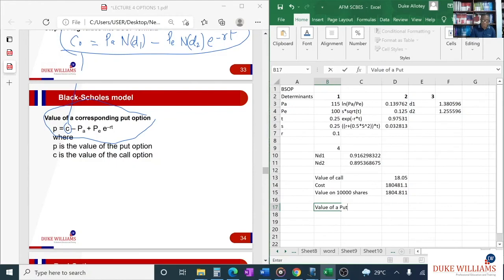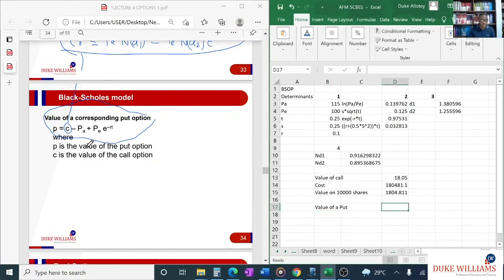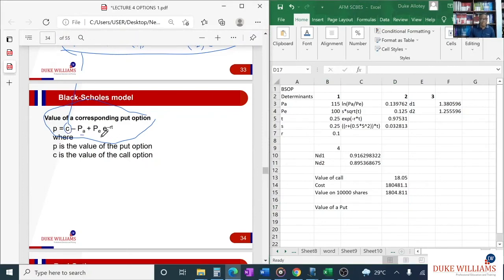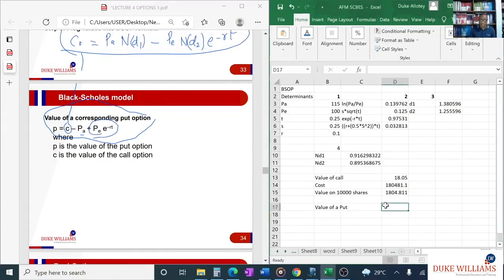So, value of a put option, corresponding value, looking at the formula here, it says you take the value of the call option, subtract the price of the underlying asset, and add the present value of the exercise price. So I'm just going to do that. This is simply going to be the value of the call option I have.